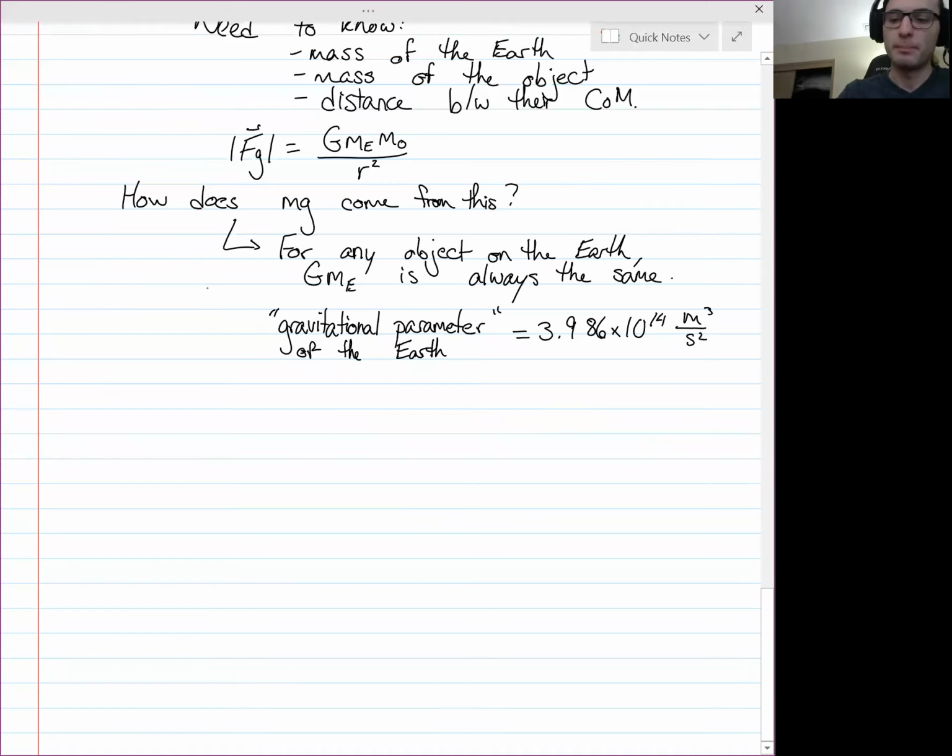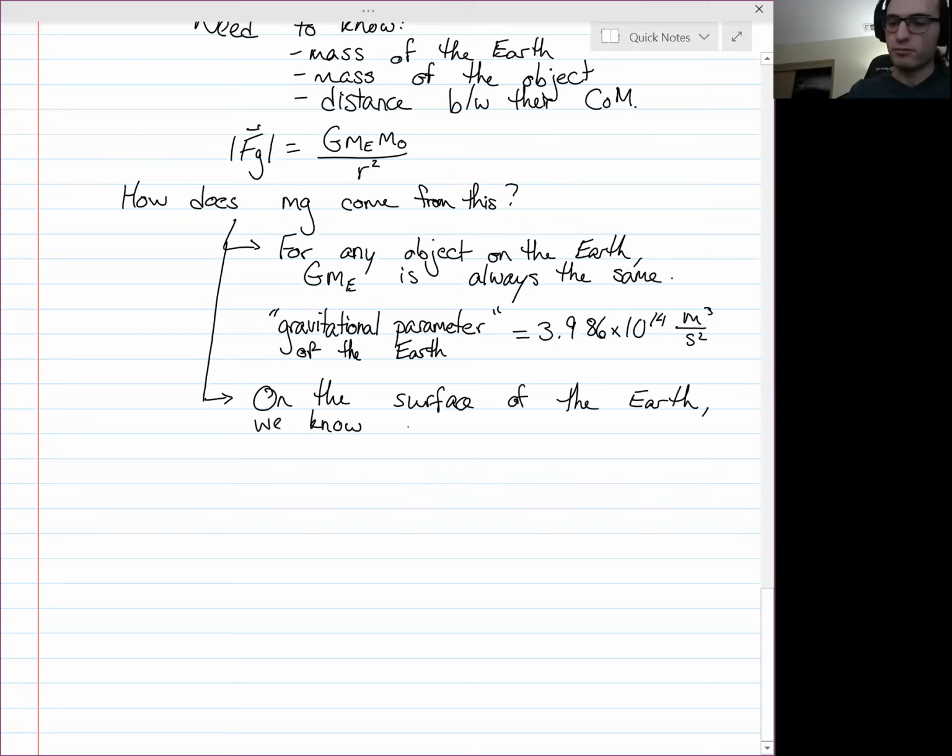Right. So another useful fact that comes from this is that on the surface of the Earth, we know the distance from the center of mass of the Earth to the object.